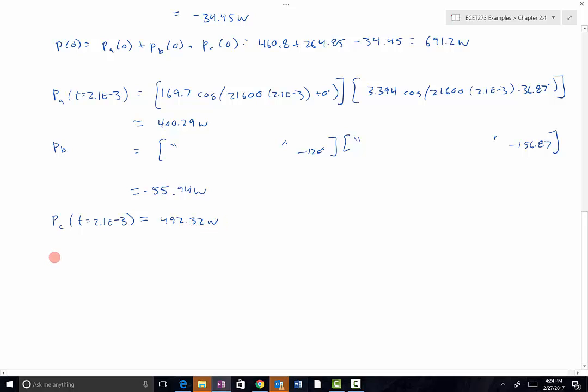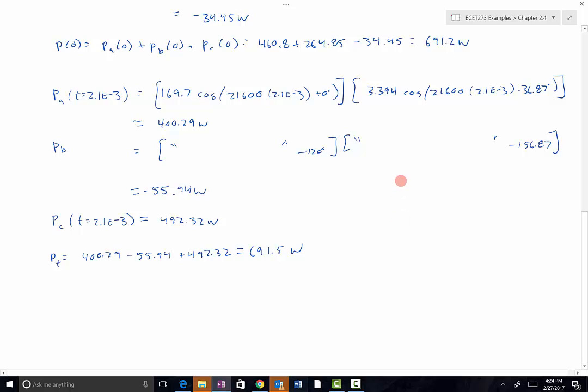And then the total power is again just equal to 400.29 minus 55.94 plus 492.32. And that gives me a value of 691.5 watts. Almost exactly what I calculated at t equals 0.